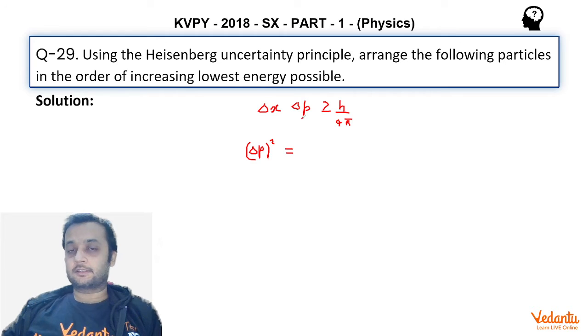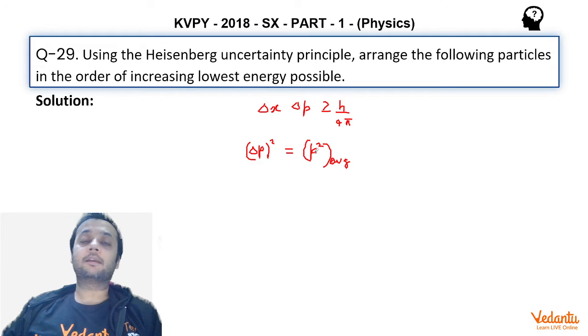So if we want to apply this result for the momentum, delta p squared will be equal to the average of p squared. This is the result from statistics, and it holds if the average value of the momentum is 0.